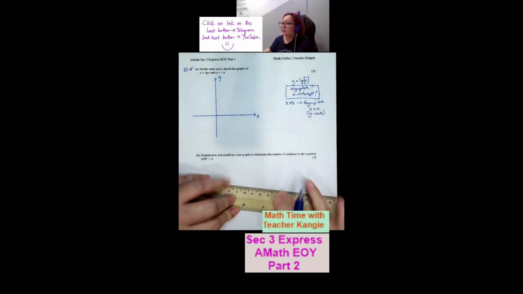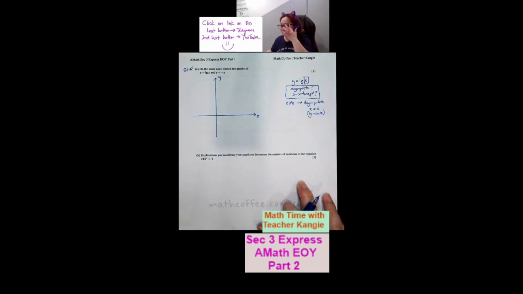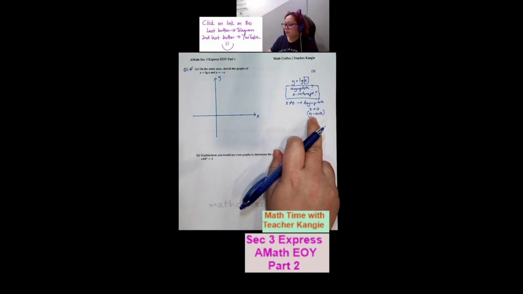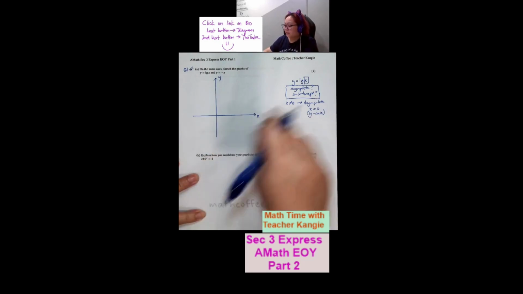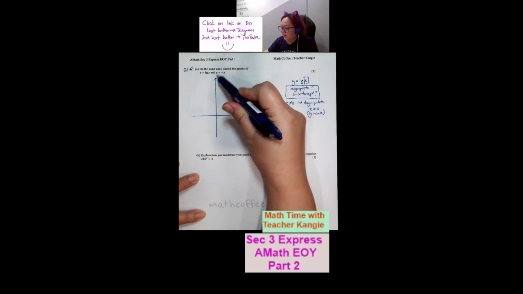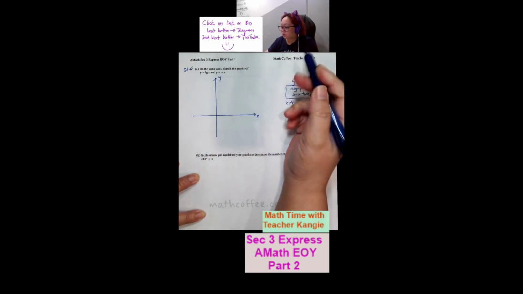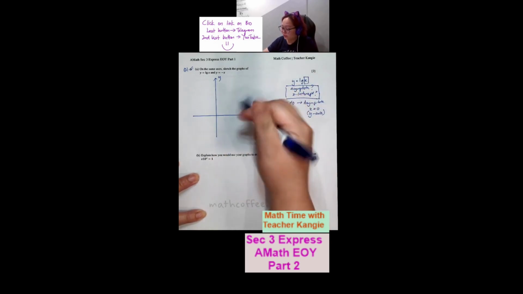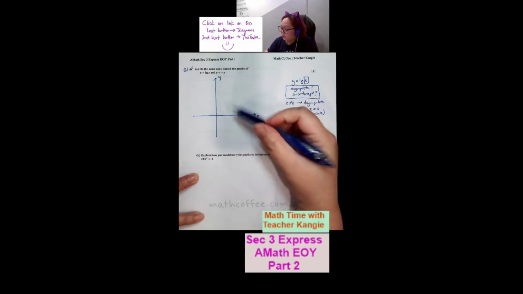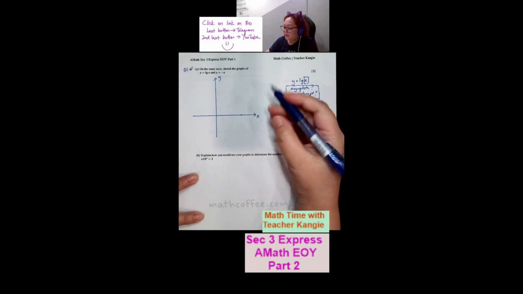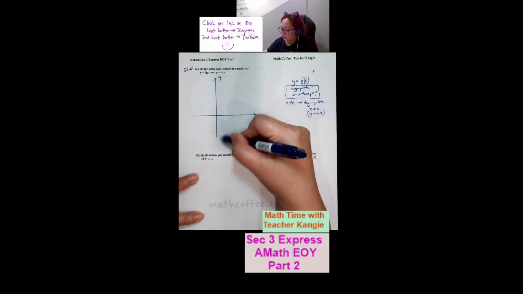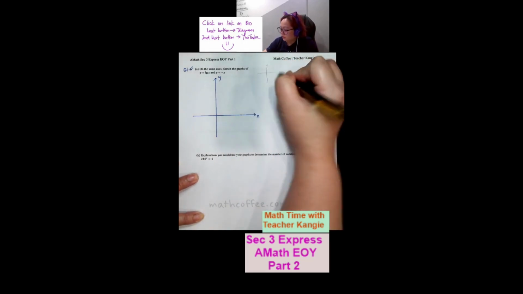Since the y-axis is my asymptote, it means that my logarithm graph cannot cross over to the y-axis. So we will know that the shape of the logarithm graph is always in this direction, always going up this way.